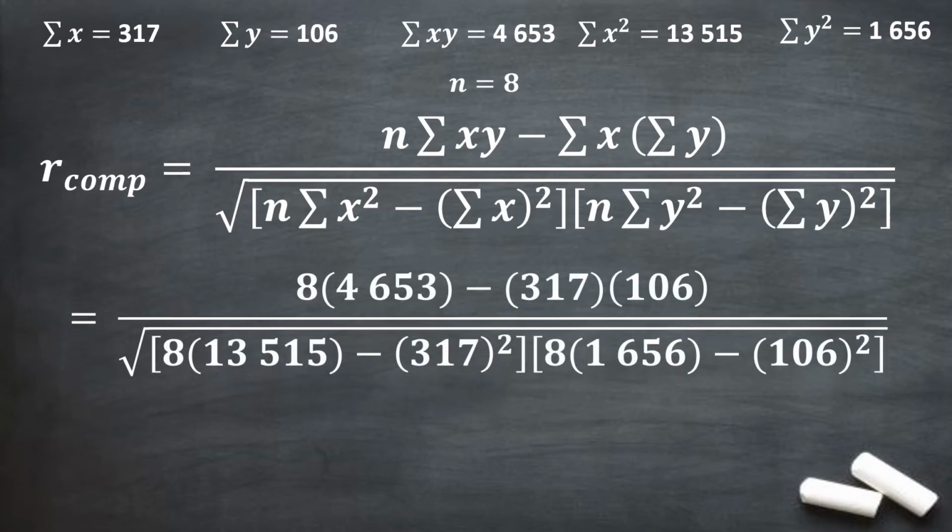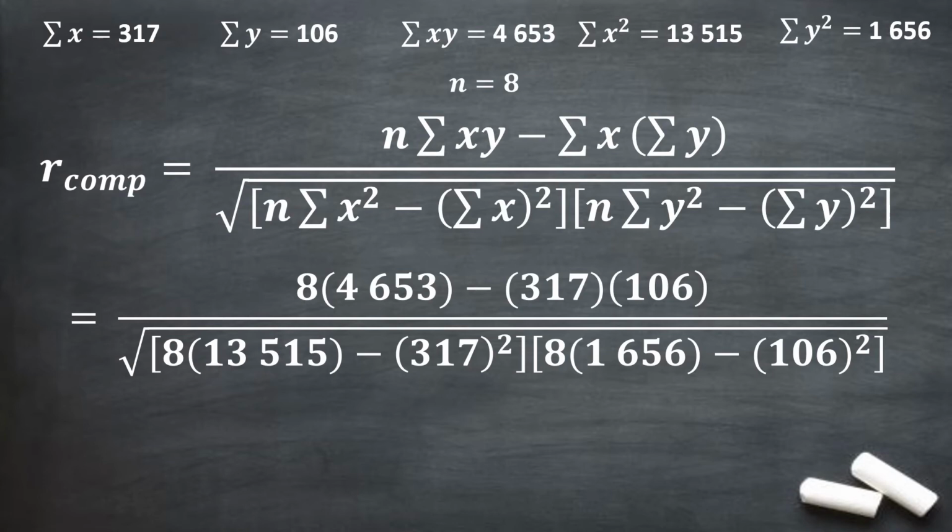Substituting the values, we'll have 8 multiplied by 4,653 minus the product of 317 and 106, all over the square root of the product of 8 multiplied by 13,515 minus 317 squared, and 8 multiplied by 1,656 minus 106 squared.